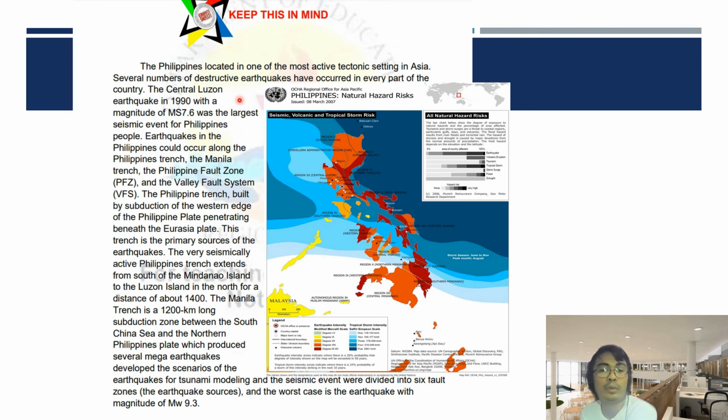Earthquakes in the Philippines could occur along the Philippine Trench, the Manila Trench, and the Philippine Fault Zone. Okay? So, if you have your map, you can actually locate this, yung mga tinatawag natin na zone and trench nito. So, pakibasa na lang po itong part na to, and then you need to go over the discussion po for you to understand kung bakit itong mga part na to, they are high risk po. So may mga zone ba dito or yung mga fault system na tinatawag. Okay?